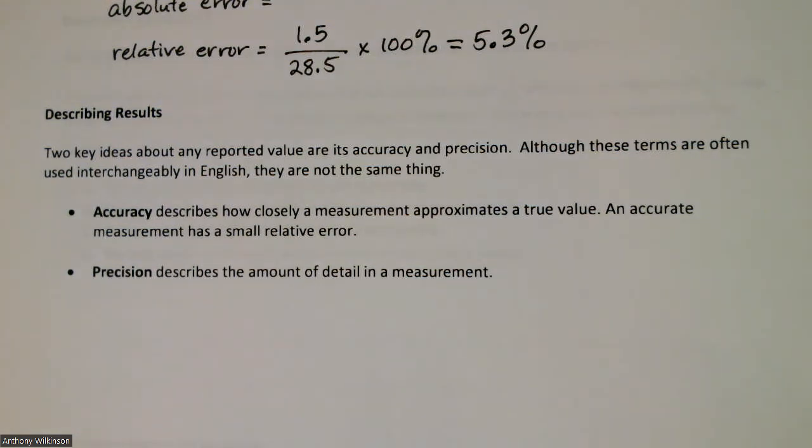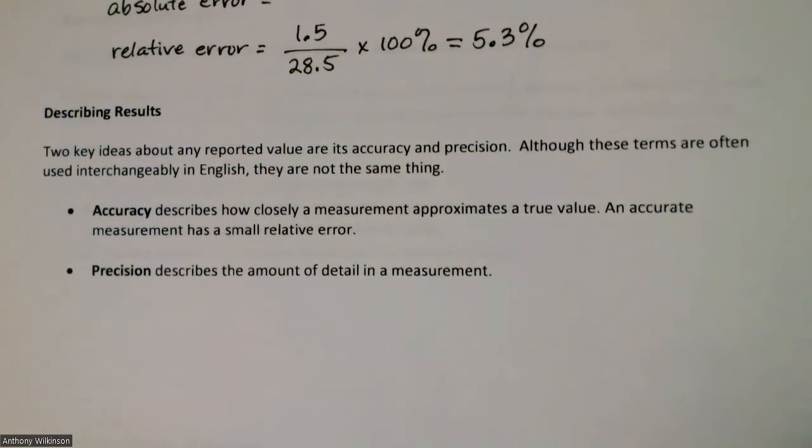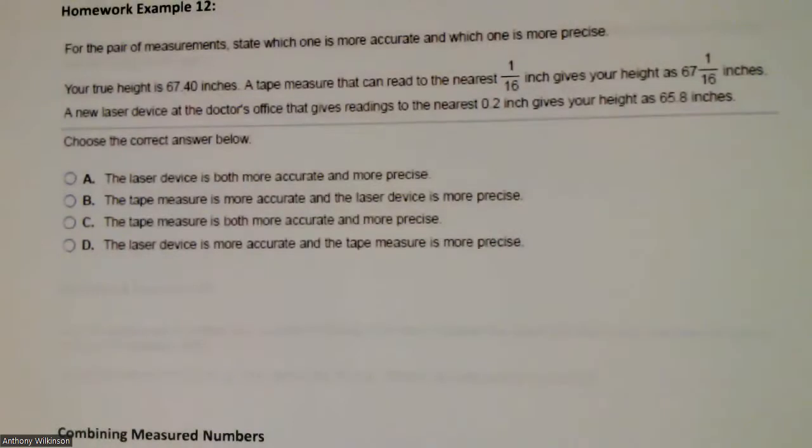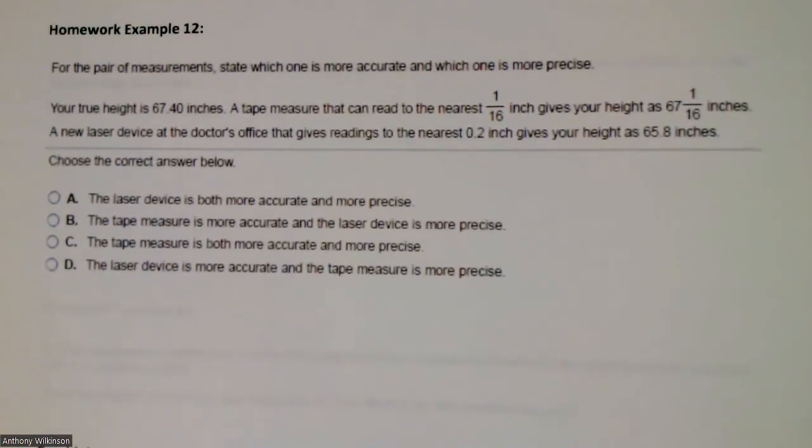Okay, so in example number 12 on the next page, for a pair of measurements, state which one is more accurate and which one is more precise. And you're given a choice of answers for this one. Your true height is 67.40 inches.